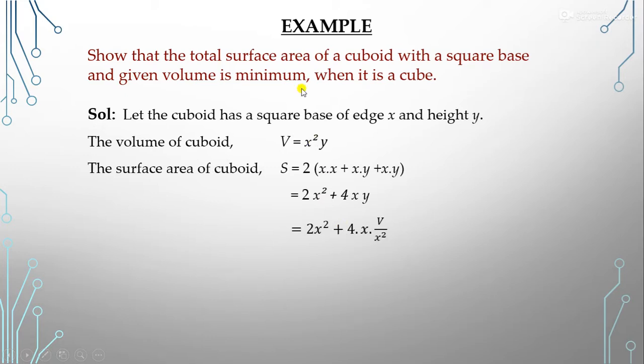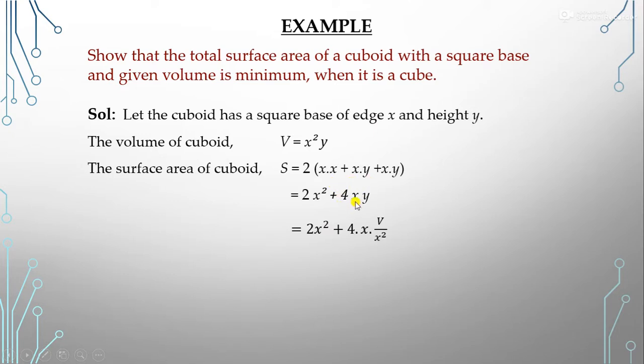Because we have to minimize the total surface area of the cuboid for a given volume, we have to minimize the surface area, and the volume is given. So in terms of the volume we can express the surface area. Here we have two variables.